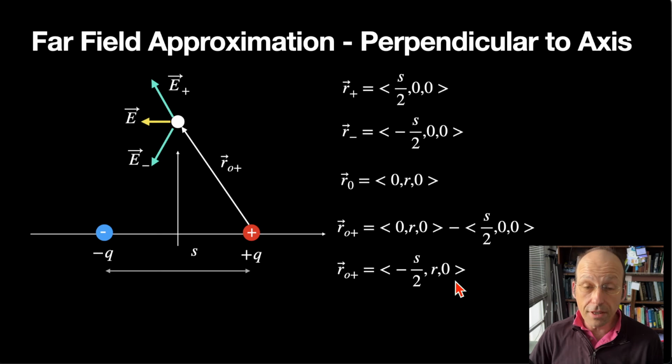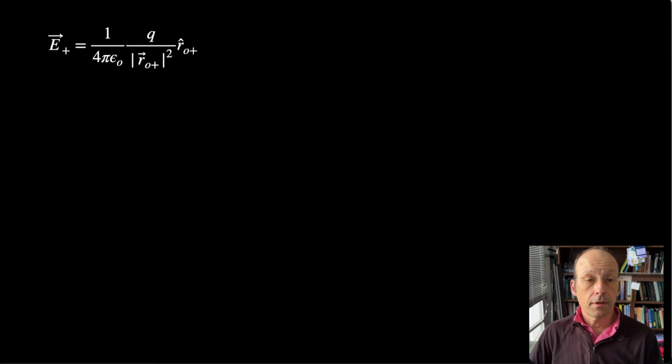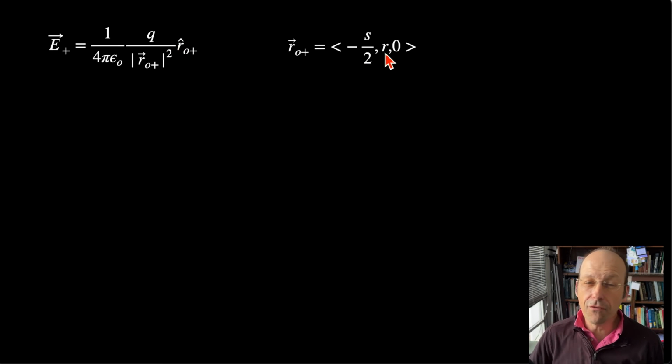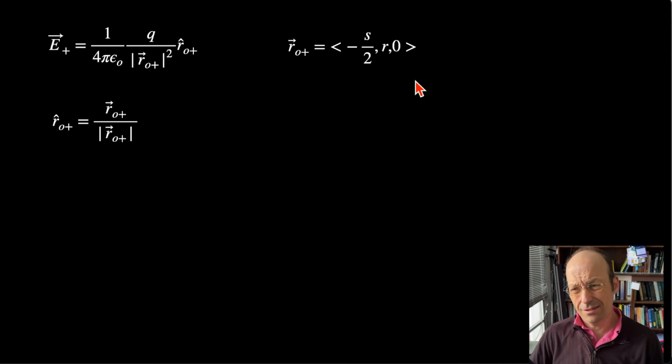Now we can use this to find the electric field due to the positive charge. So this is just our electric field due to a point charge, constant, Q. I need to find the magnitude of that, and I need to find the unit vector, but I'm not going to do it the long way, because I'd be doing a little bit of work I don't need to do. So I'm going to use a trick. It's not a trick.